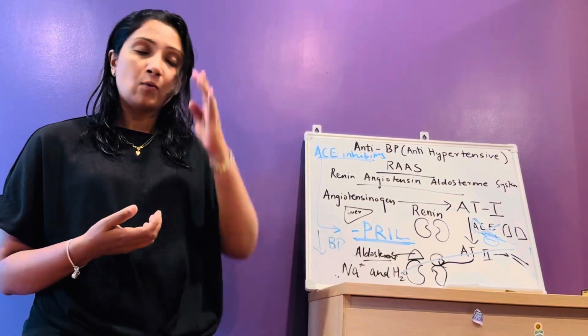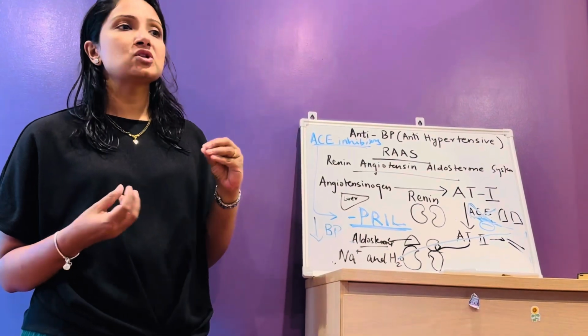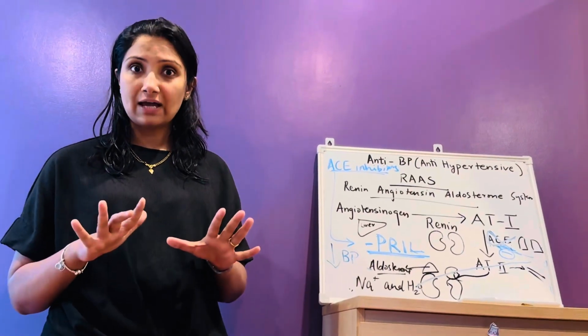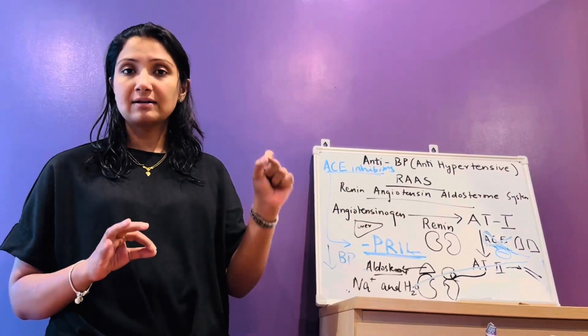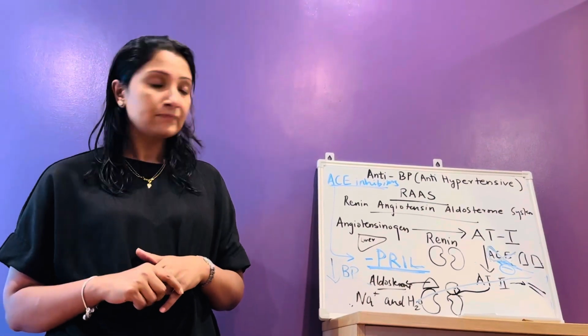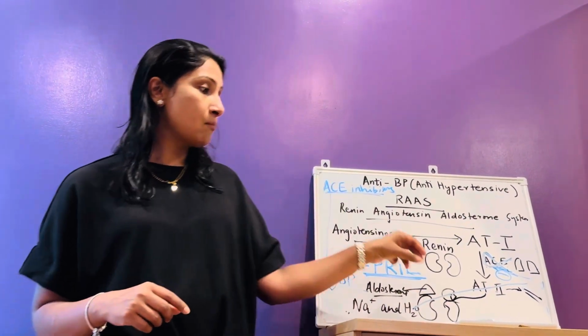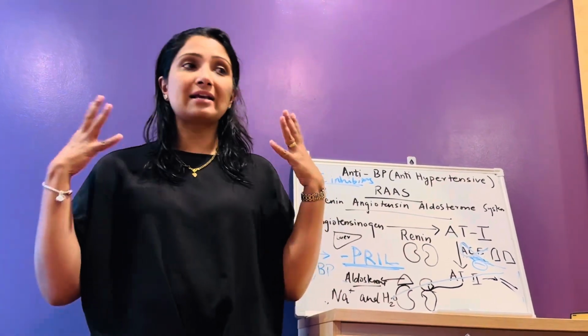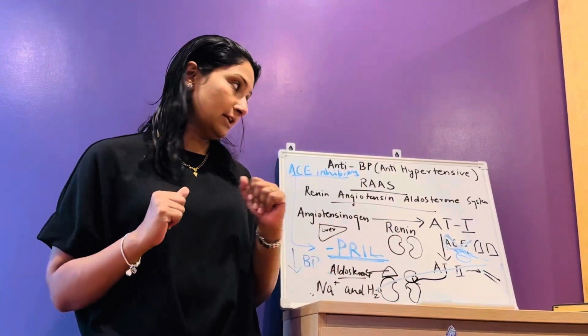Therefore, if the patient is taking any other diuretic or antihypertensive, stop that. Watch the patient after the administration of the first dose. You have to watch for hypotension, okay? The patient may have lightheadedness or anything like that.